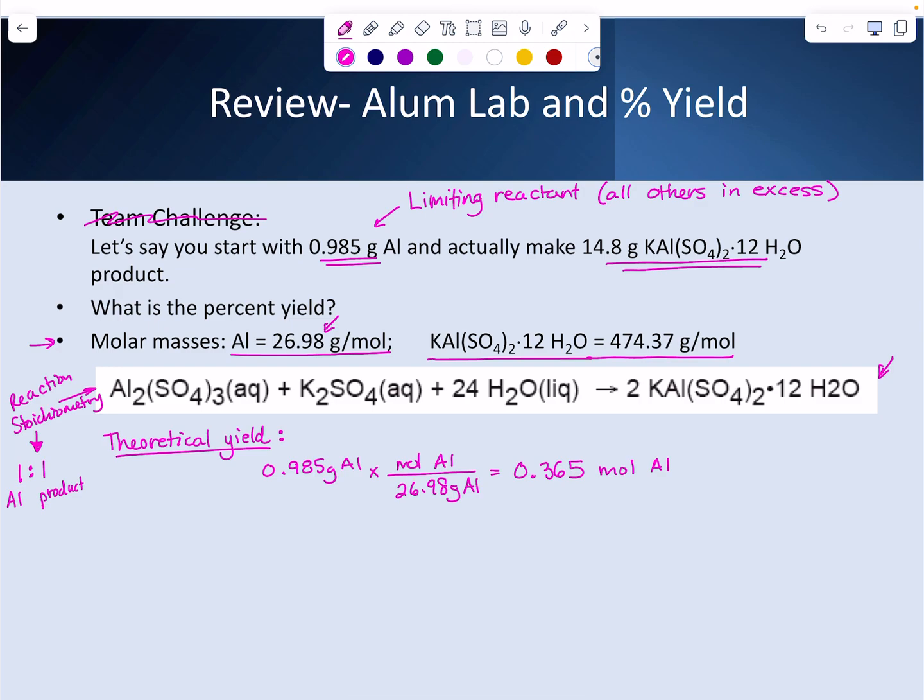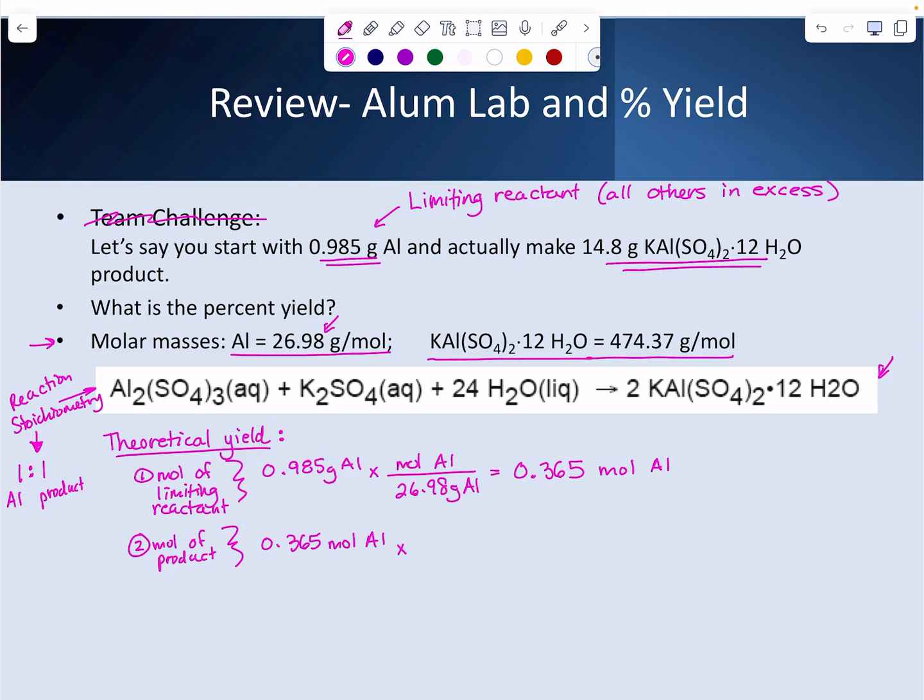Now we have to turn that into grams of product. So first we do the moles of the limiting reactant. Then we figure out the moles of the product. So we've got 0.0365 moles of aluminum, and we have a 1-to-1 ratio of aluminum atoms to product.